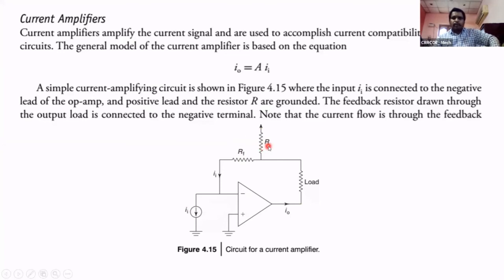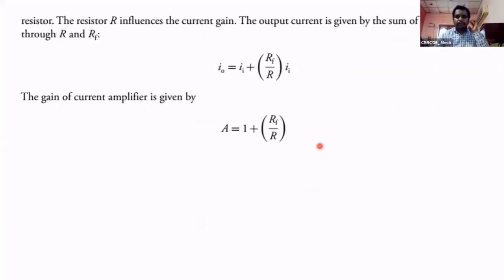Here the output is taken in terms of current rather than voltage, so output current is equal to gain times input current. Just replace the voltage with current here. Now we have some equations. What is the output current? Input current plus RF by R times I, the input current in the circuit.